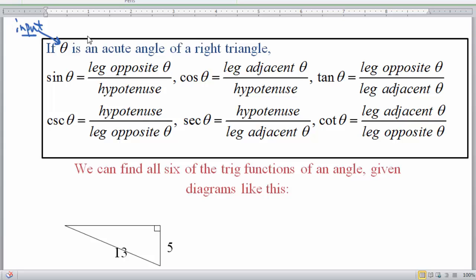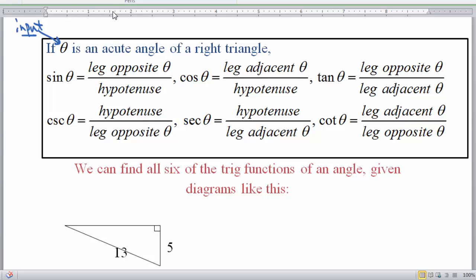That's a ratio. The cosine is the leg adjacent theta over the hypotenuse. The tangent is the leg opposite theta over the leg adjacent theta. The cosecant is the hypotenuse over the leg opposite theta. The secant of theta is the hypotenuse over the leg adjacent theta, and the cotangent is the leg adjacent theta over the leg opposite theta.